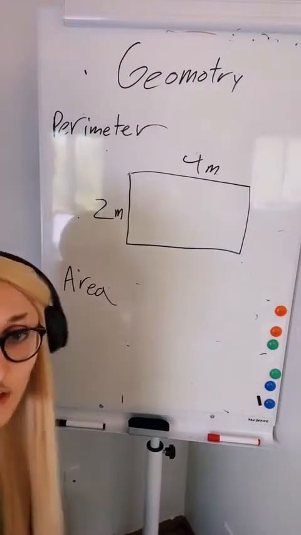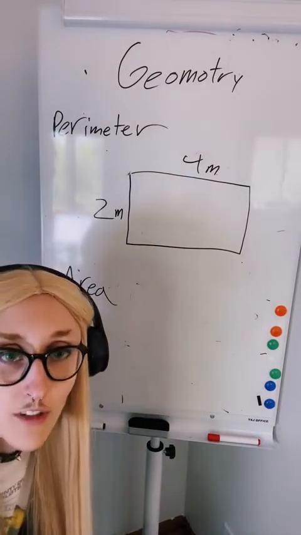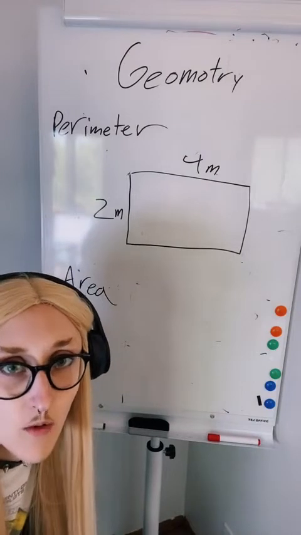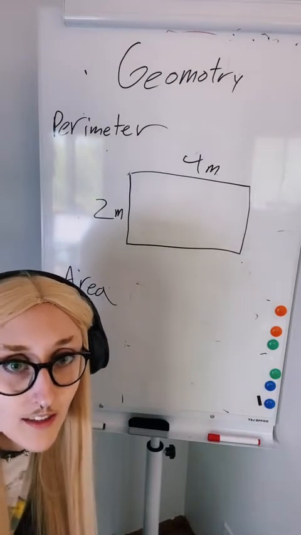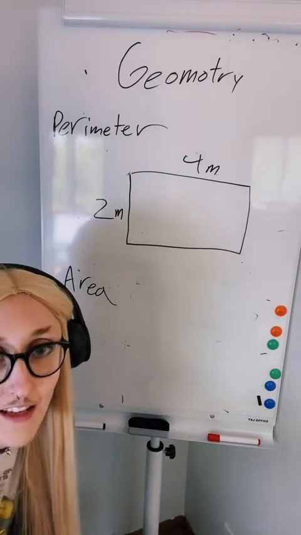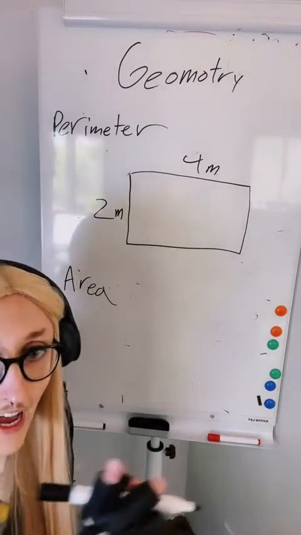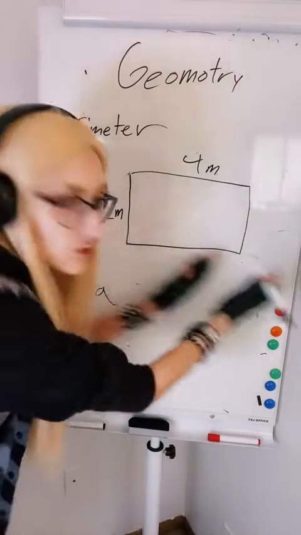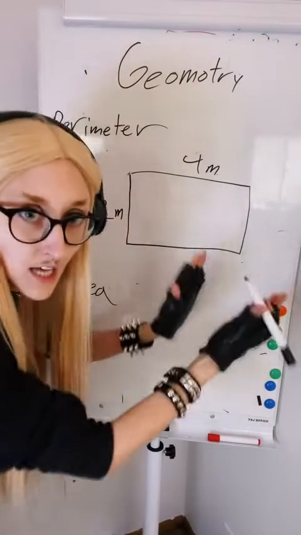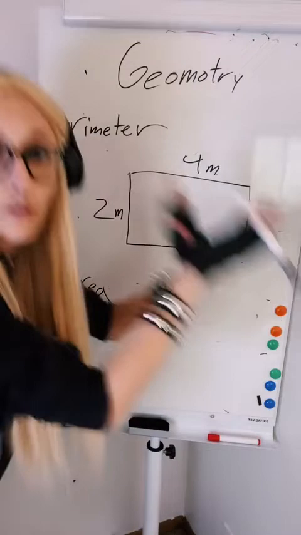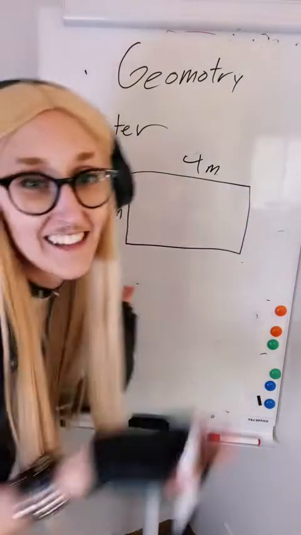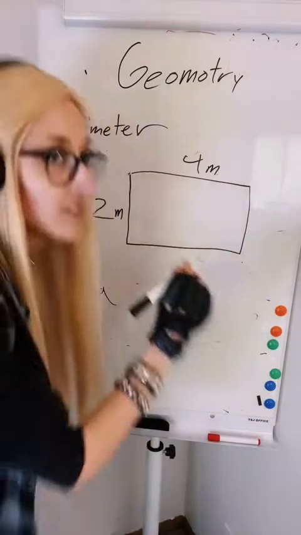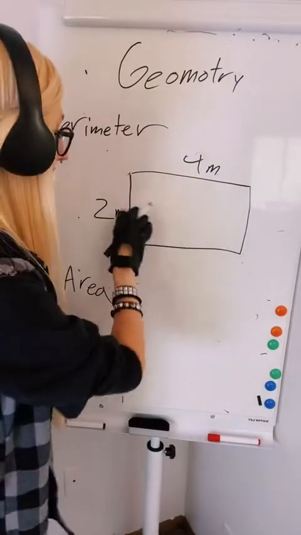So, if I want to find the perimeter of something, let's say I wanted to build a fence around this yard. That is what perimeter is asking. It's asking how much fencing I would need for this yard. How much do I need to build up around it? How much around the outside? That's what perimeter is.